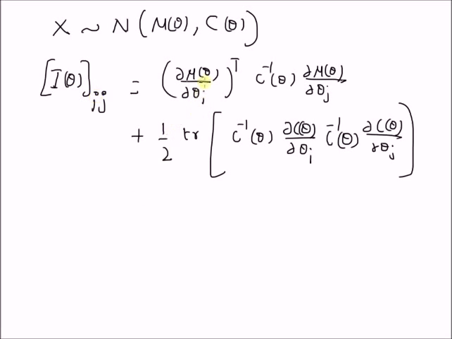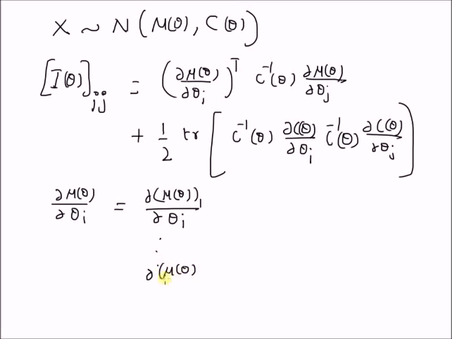jth column. So the vectors, that is, the derivative of mu of theta with respect to theta i and the derivative of the covariance matrix with respect to theta i, can be defined as follows. The derivative of the mean vector with respect to theta i is equal to the derivative of the first component of the mean vector with respect to theta i, and then the second component, and so on up to the derivative of the pth component, that is, the last component of the mean vector.